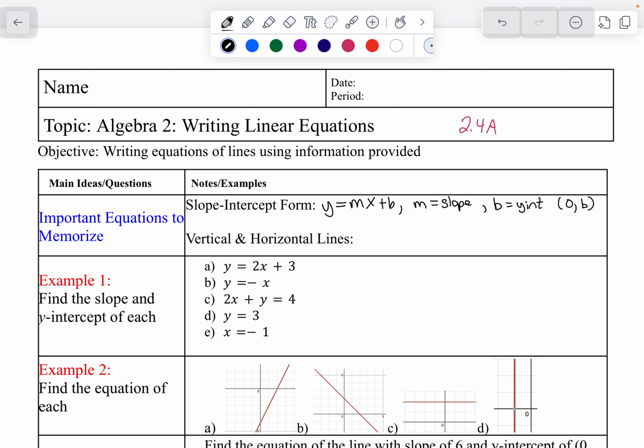And then you also need to remember that vertical lines are always of the form x equals a number, and that horizontal lines will always be y equals a number.